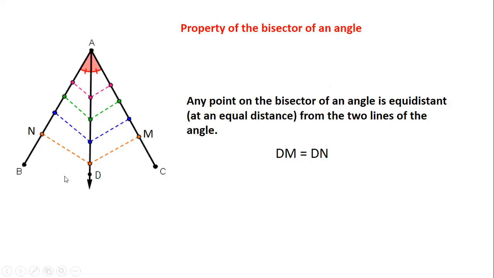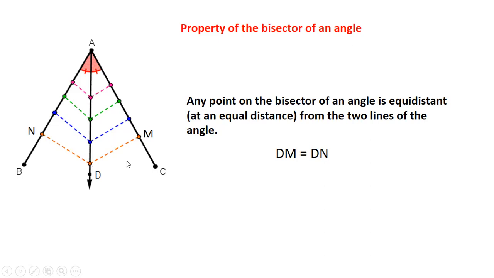Now, after drawing a bisector of an angle, suppose you have an angle BAC, we have drawn the bisector AD. After drawing the bisector, if we take any point on the bisector, wherever this point is, but it should be on the bisector, and you draw a perpendicular from the point to AB, and a perpendicular from the point to AC, these two lines that you draw will be equal to each other.